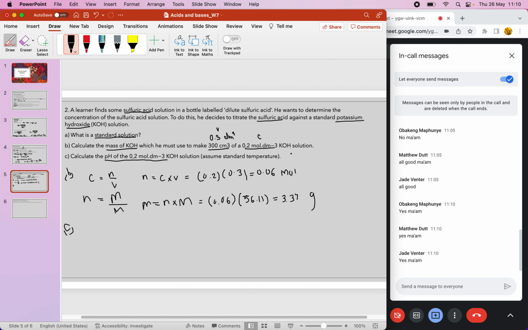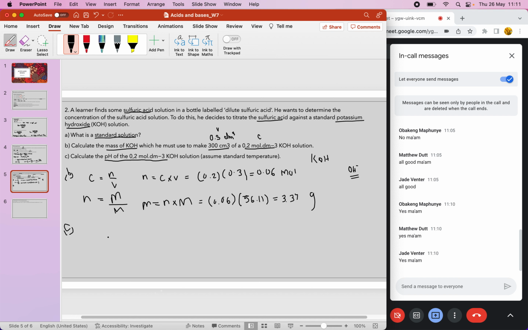First thing to take note of is that potassium hydroxide is a strong base, which means it can dissociate in water, and dissociating in water means that the concentration of the OH minus will be the same as the concentration of the solution.